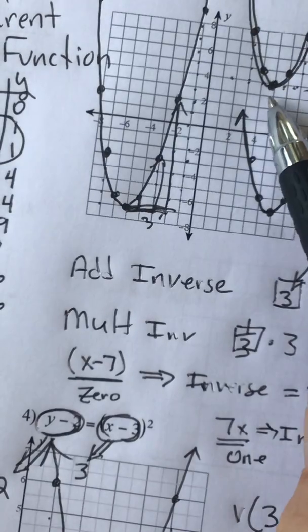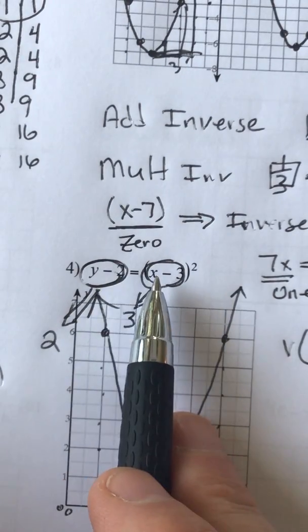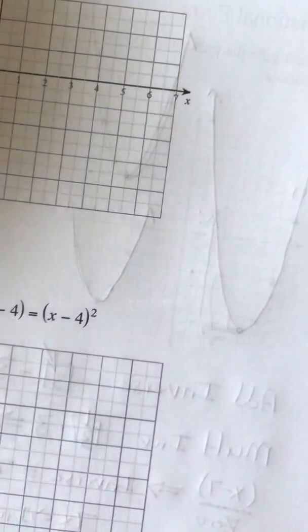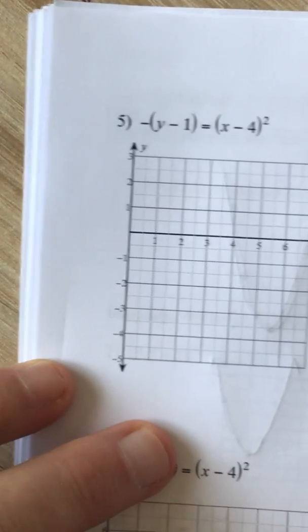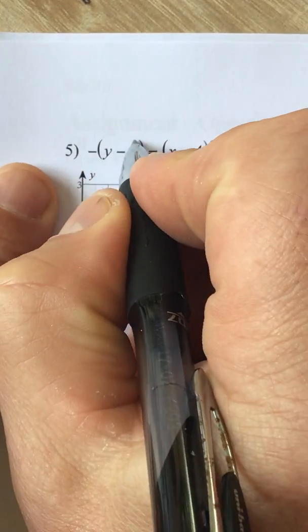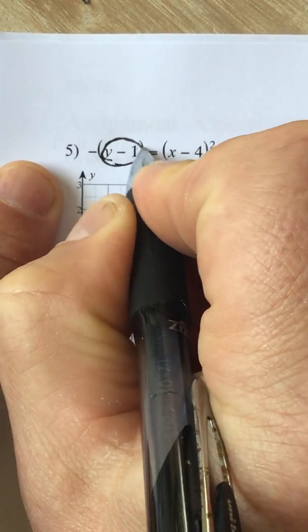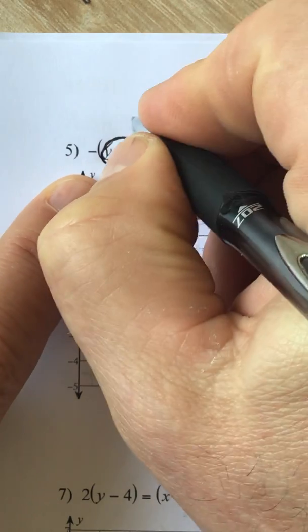So to find this new vertex, we find the inverses of the y packages and the x packages. Okay, then sometimes there are multipliers on here. So first of all, here's the y package. Let's forget about that negative right now. Here's the y package.